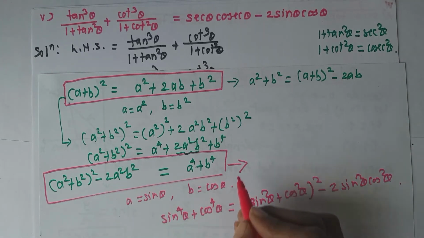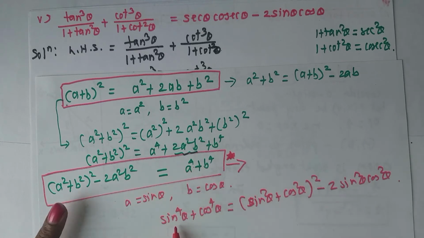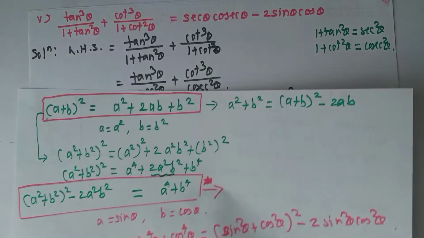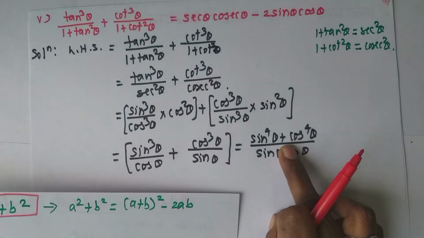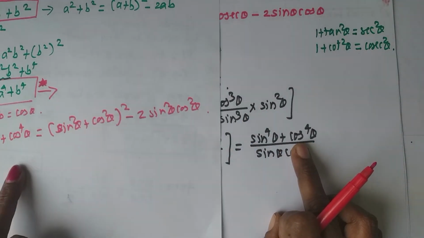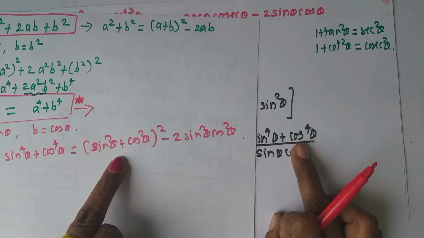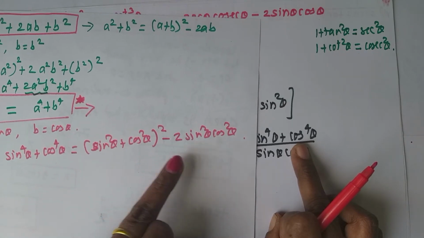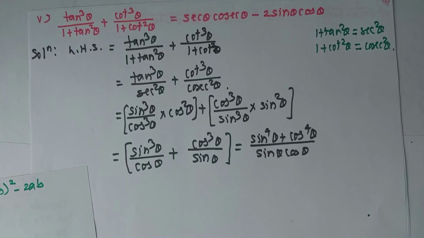Means I am using this formula for keeping this value of sine 4 theta plus cos 4 theta. Okay. Now for this sine 4 theta plus cos 4 theta, I can write sine square theta plus cos square theta bracket square minus 2 sine square theta cos square theta. Okay.